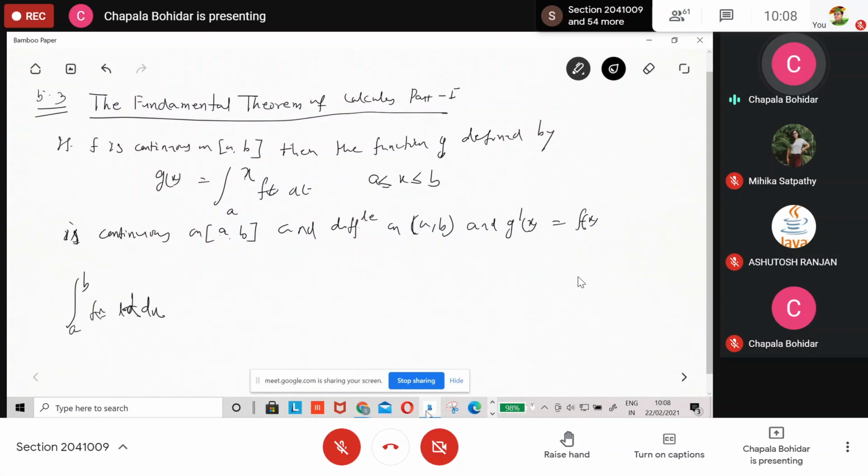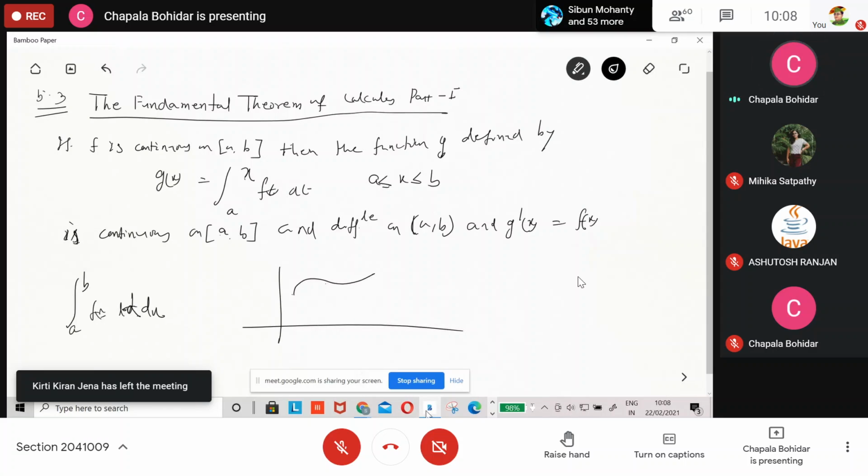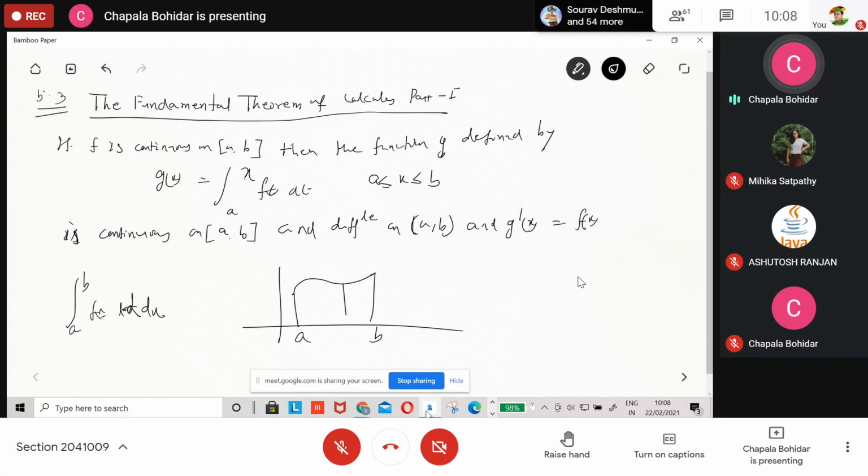In the figure, it is a curve, this is A, this is B, and X lies in between A and B. So this is the area from A to X, that we define as g(x). If it is continuous on the closed interval and differentiable on the open interval, we get this.